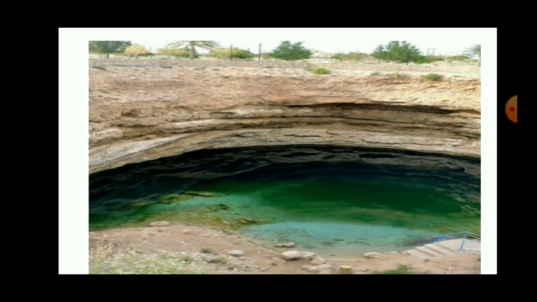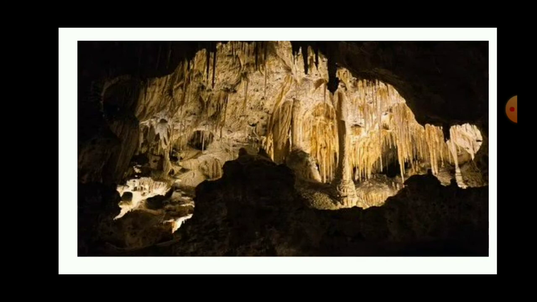Sometimes the water which is flowing on the land may disappear or get lost in these holes. These are the underground caves formed because of the groundwater. So initially you have the underground caves, and then these caves become sinkholes.